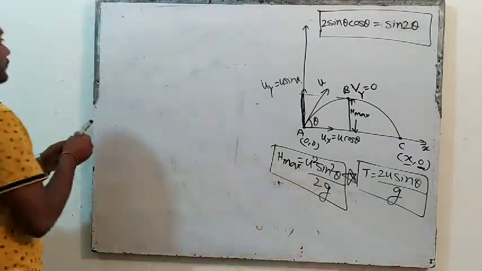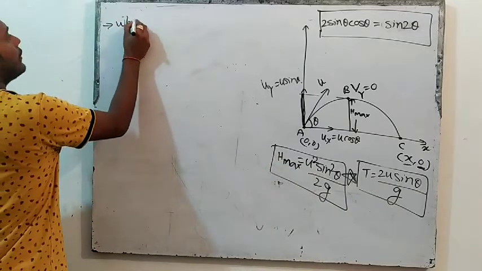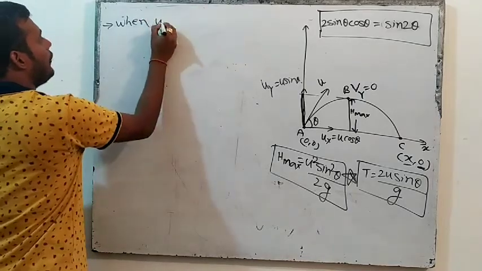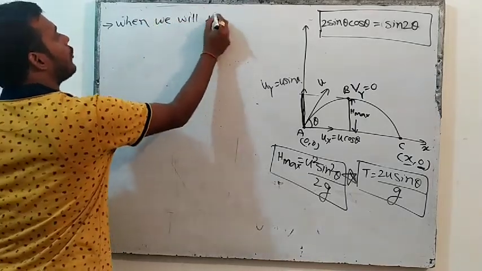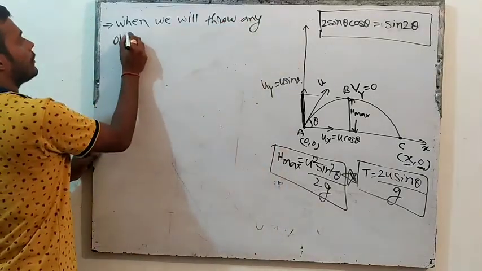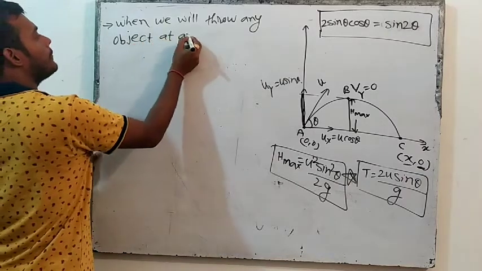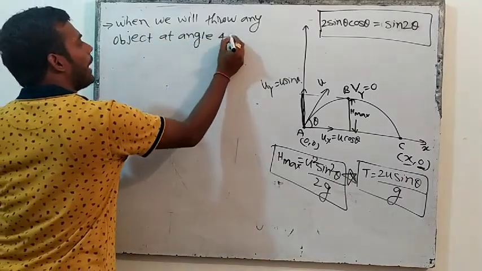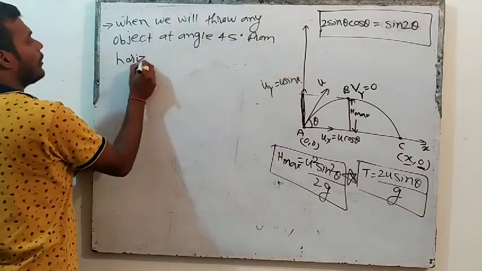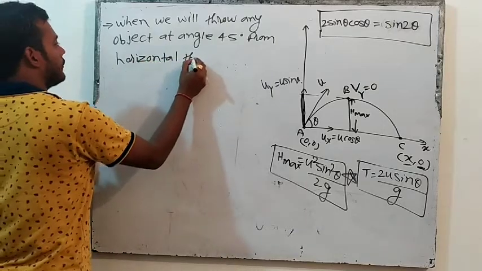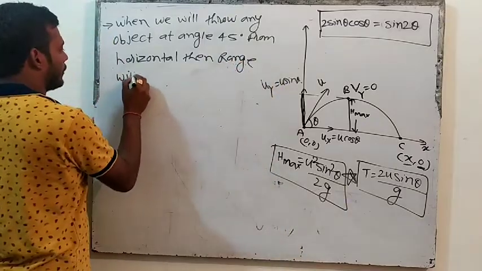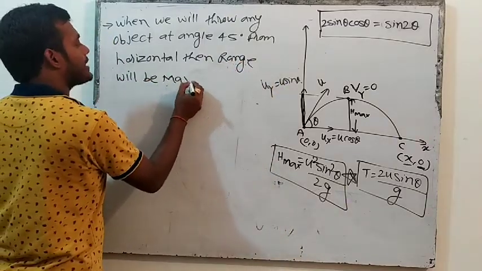Write it: when we will throw any object at an angle 45 degree from horizontal, then range will be maximum.